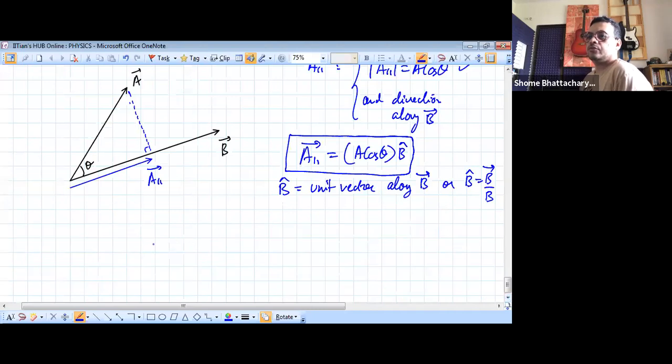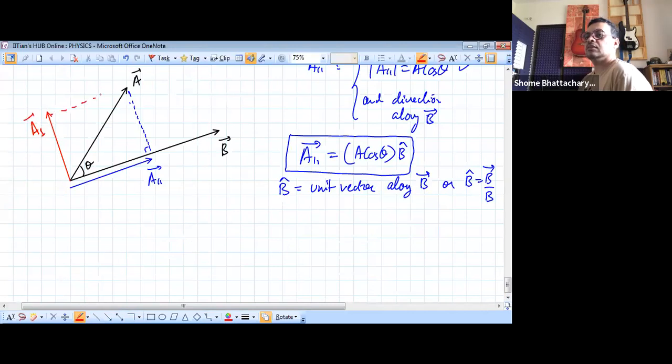Okay, now for the perpendicular component, we will just use the fact that these two, their vector sum, okay, is how much?